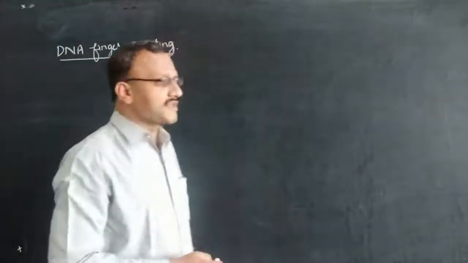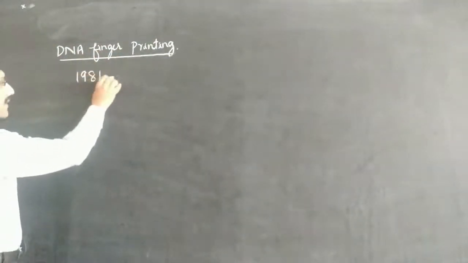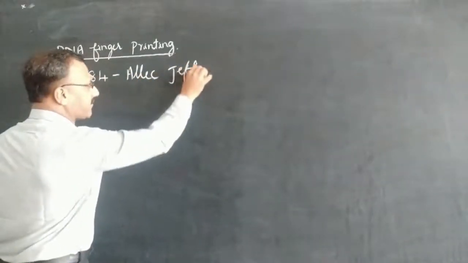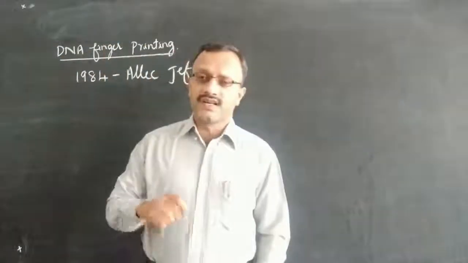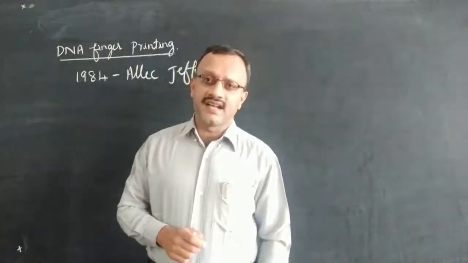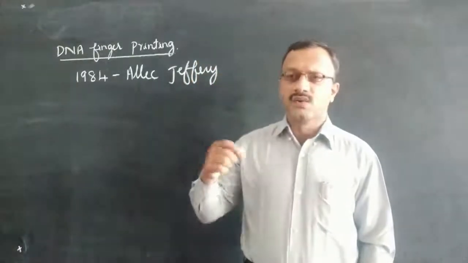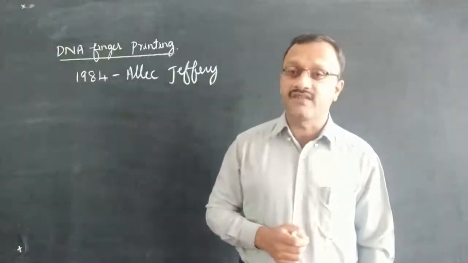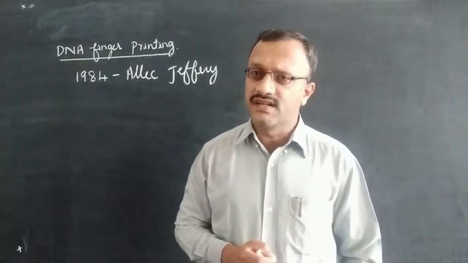This technique was developed in the year 1984 by a scientist named Jeffrey, a British geneticist, who devised this technique by using satellite DNA as a probe. He designed this technique of identifying the pattern of nucleotide sequence present in each individual's DNA.